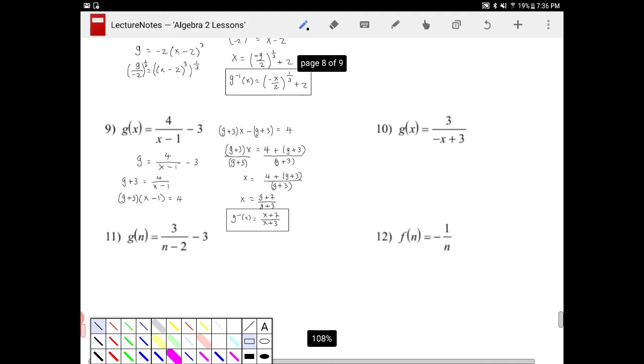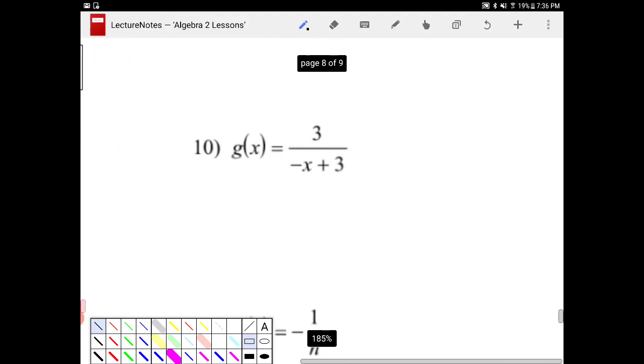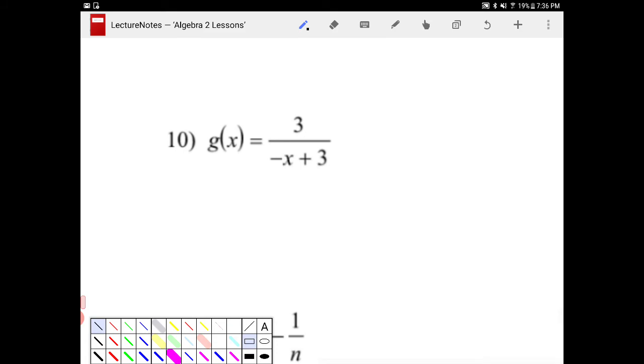And then the others are very similar, so I think, well, maybe I'll do one more. All right, let's do this guy. Okay, so again, same idea. g is equal to 3 over negative x plus 3.